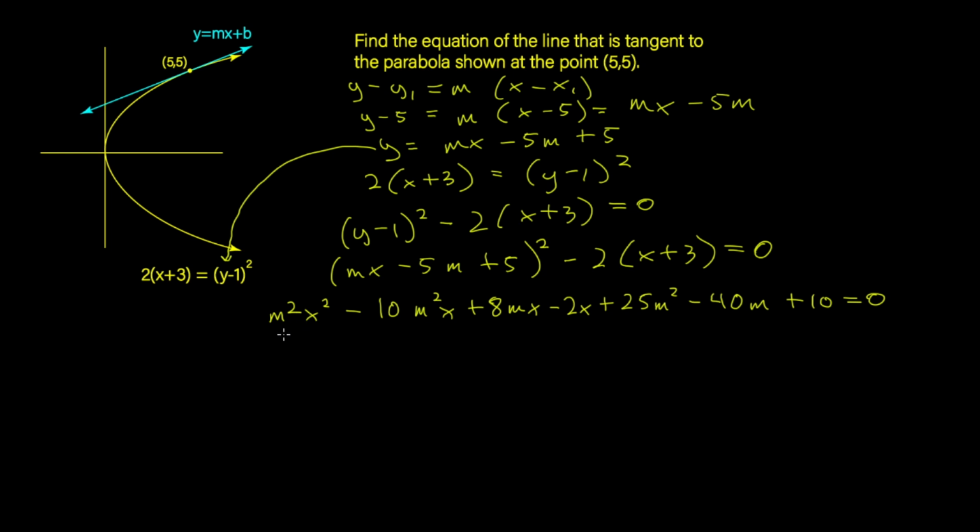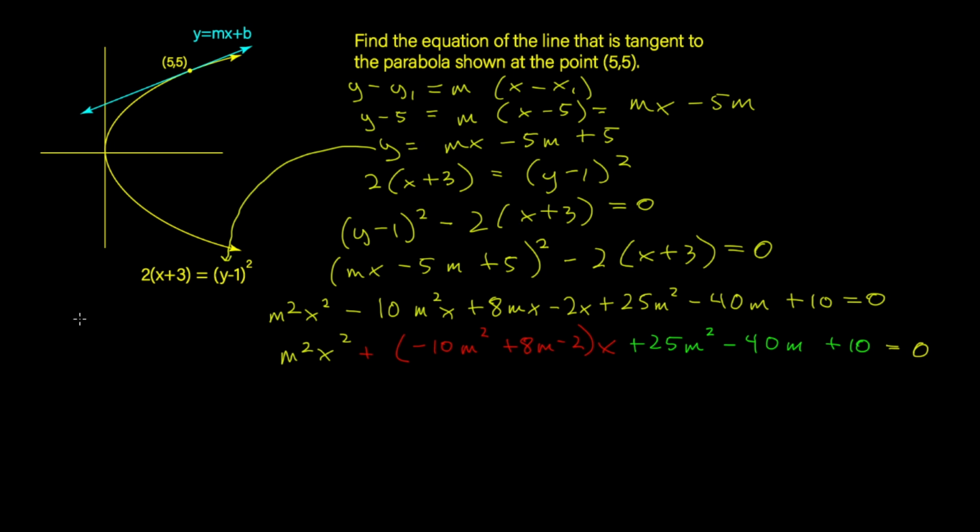I'm going to use different colors so you can see the a, b, and c of the parabola. So we've got m squared x squared plus (negative 10m squared plus 8m minus 2)x plus 25m squared minus 40m plus 10 equals 0.